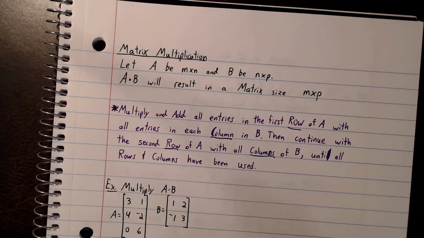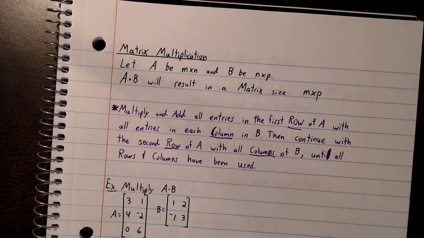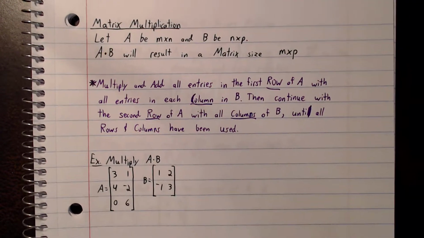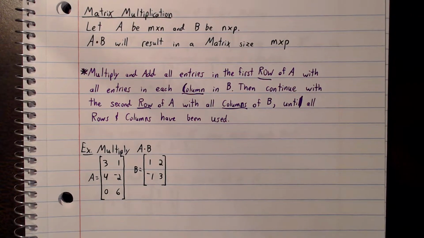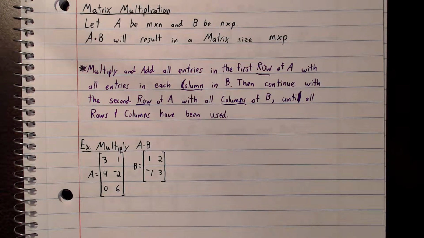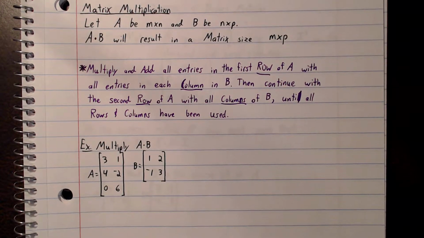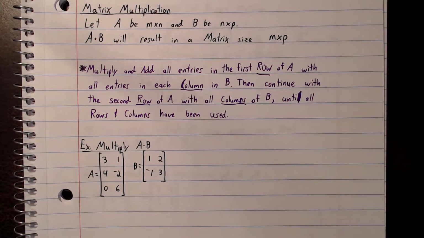Okay, now we've got one more thing that we can do with matrices, and that's called matrix multiplication. And it is not nearly as easy as scalar multiplication, because we're not just multiplying each term by one scalar, we're multiplying the entire matrix by another one, which is going to kind of change things around.